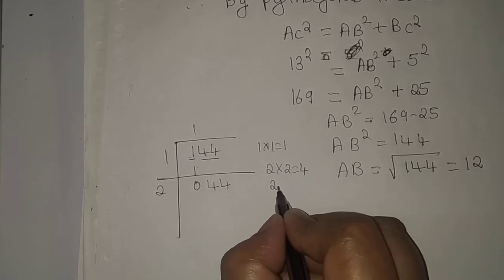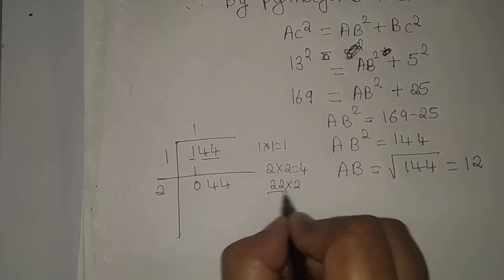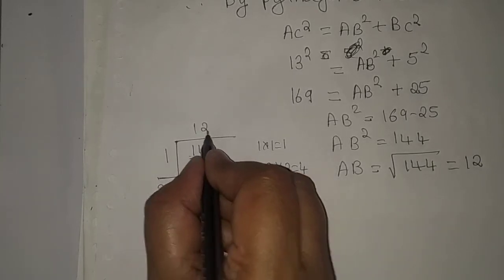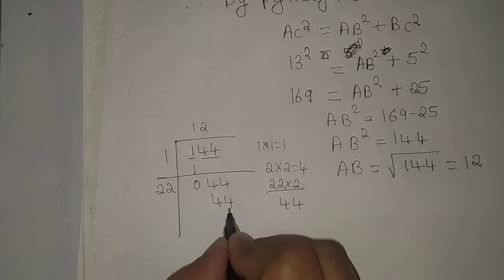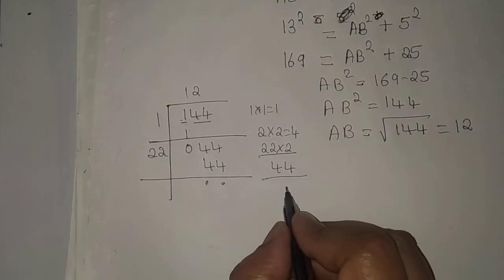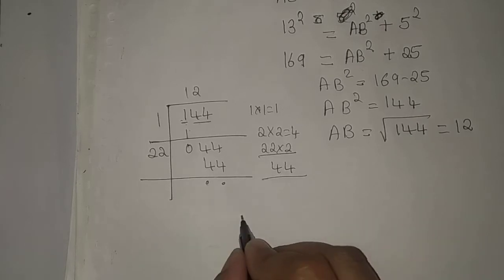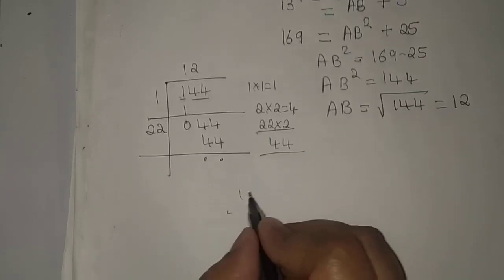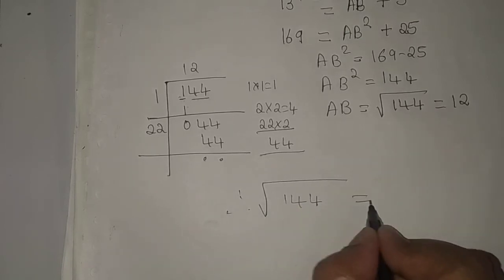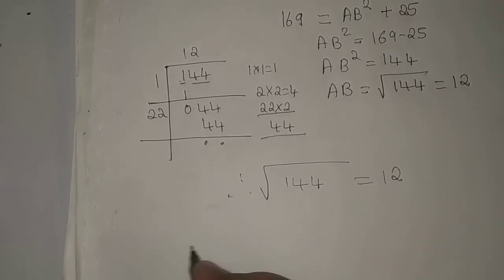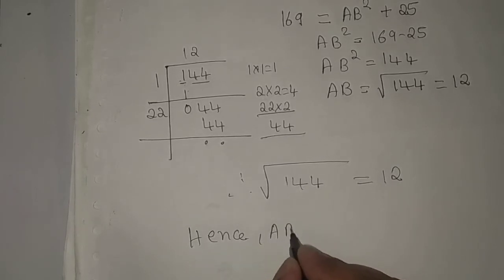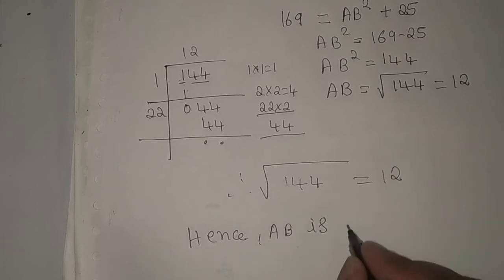Now 2 into 2 will become 44, therefore 2 here, then 2 here, we get 4, remainder 0. So finally the square root of 144 is equal to 12. Hence AB is equal to 12.